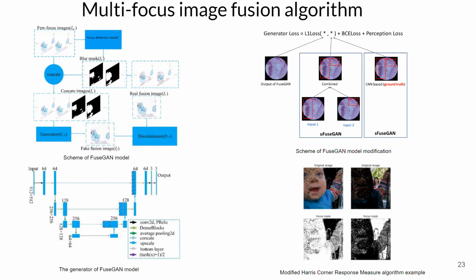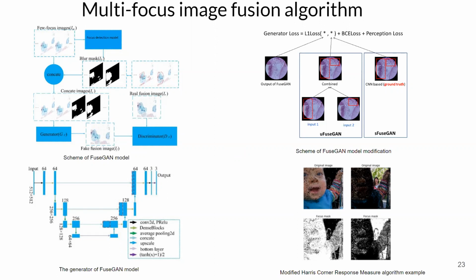Okay. In the original article, a separately trained neural network was used to generate masks. However, in our implementation, we found it more reasonable to use the modified Harris corner response measure algorithm. You can see an example of its operation on the slide.